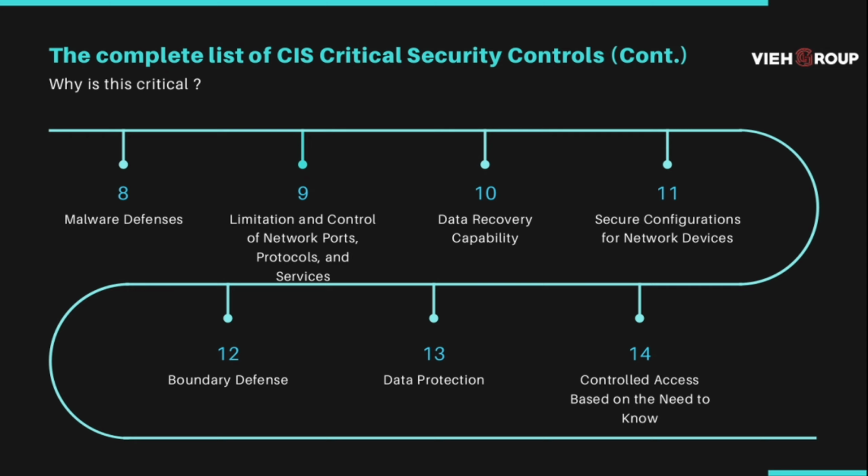The 9th point is limitation and control of network ports, protocols, and services. As you all know, organizations must track and manage the ports, and they should use ports, protocols, and services on network devices to minimize the window of vulnerability available to attackers. Why is this critical?